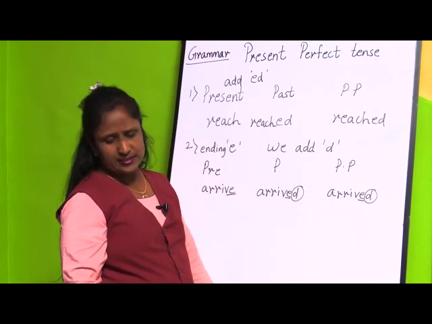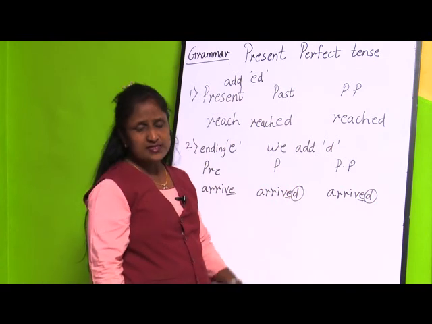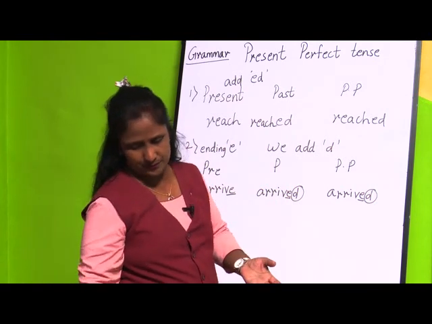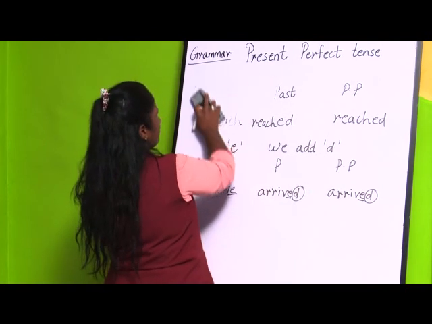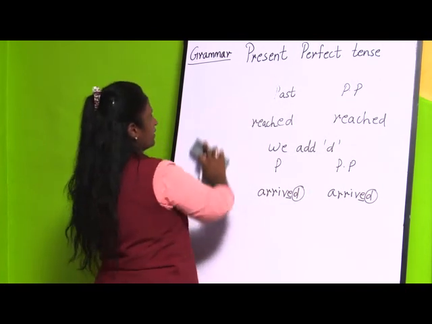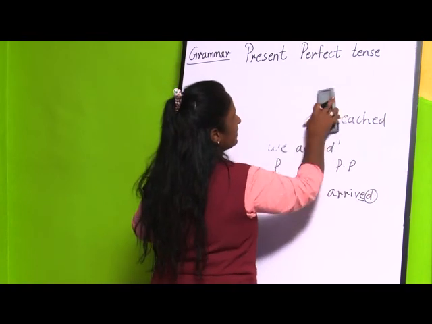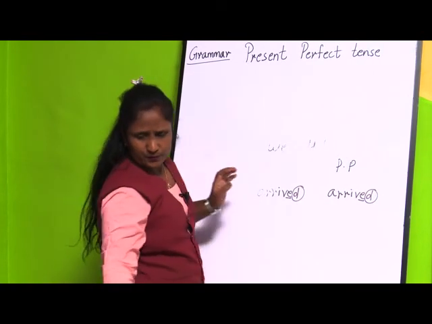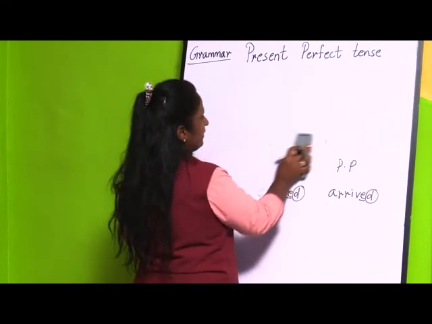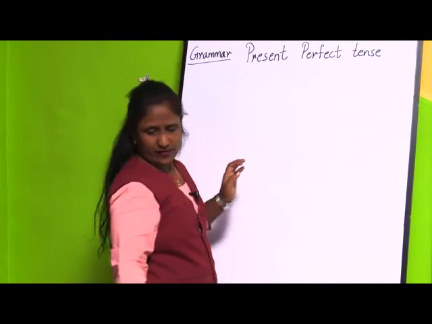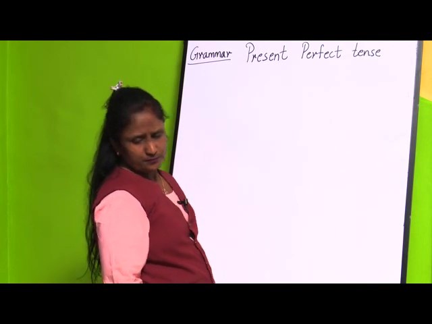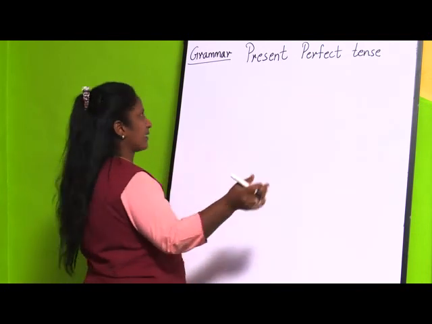Now the third rule is what? When a word ends with a consonant plus y, any consonant plus y, that time we remove that y and replace it with ied.